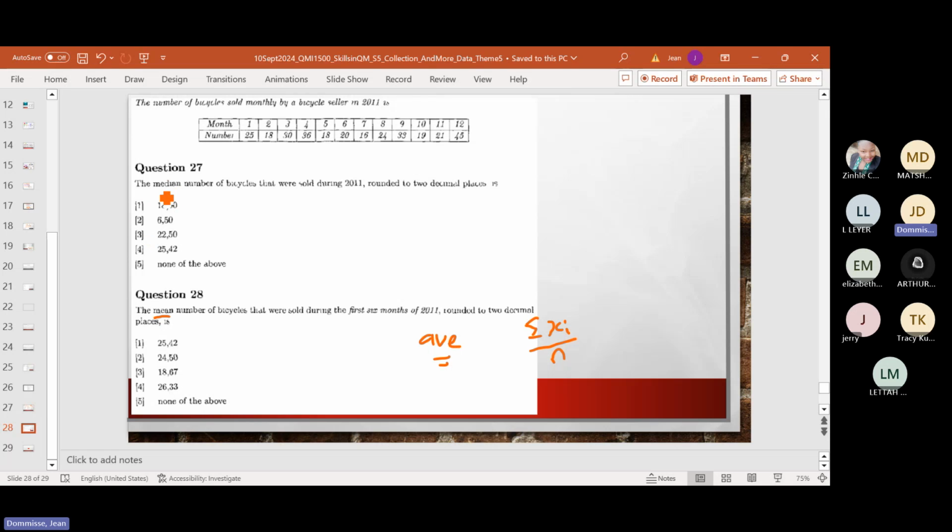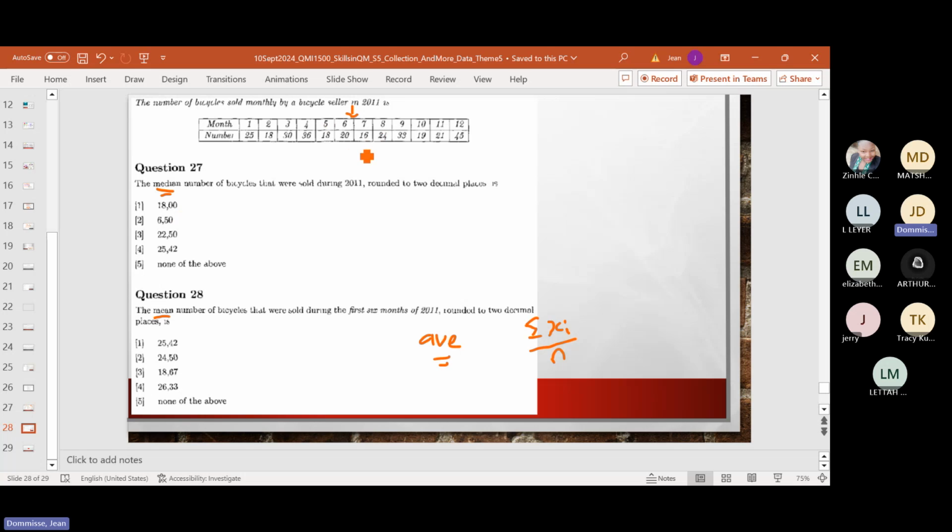The median is the number in the middle of the data set. When you look at this, you might say there are 12 numbers, so it will be between numbers 6 and 7, between 20 and 16, you get 18, and you might go for that answer.